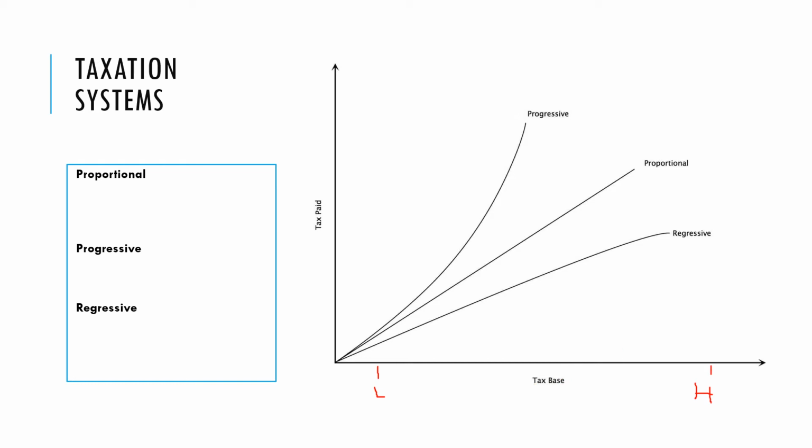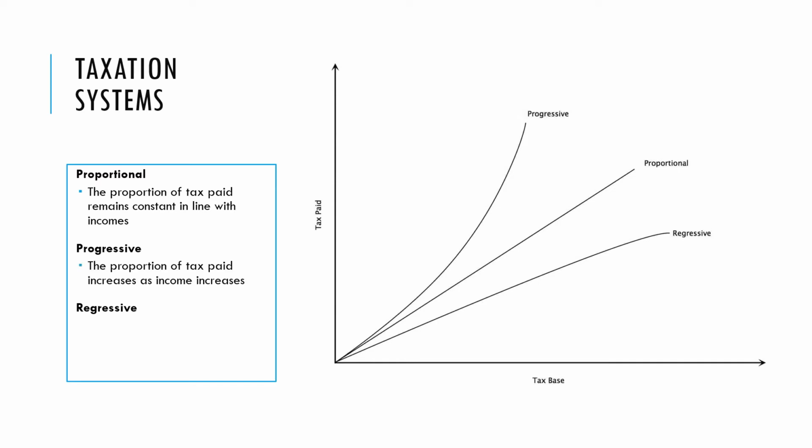So let's start off with what we mean by a proportional tax, the one in the middle. A proportional tax system means that the proportion of tax paid remains constant in line with incomes. So perhaps you pay 20% of your income as tax if you're a low earner. You would also pay 20% of your income as tax as a high earner, and that includes all the taxes, direct and indirect.